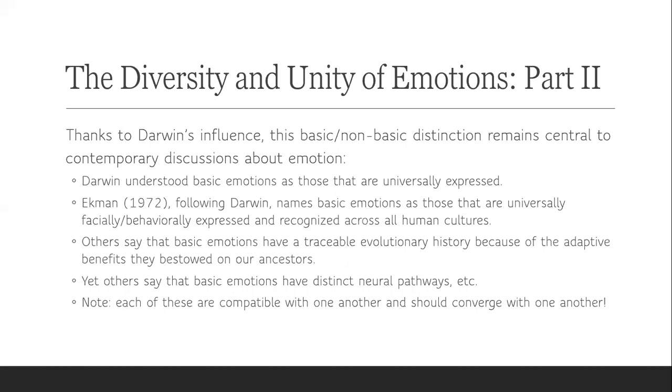Thanks to Charles Darwin's influence, we've retained the basic and non-basic distinction in contemporary discussion about emotion. But thanks to Darwin, we don't understand basic emotions along the lines of what Hobbes or Descartes suggest on the previous slide, right?